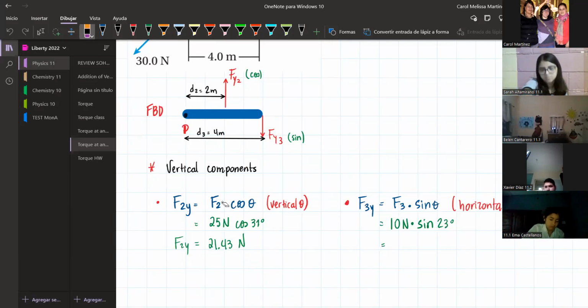How much is that? 3.91 Newton, rounded. So now we have the forces. Now we have the forces that are doing torque. Now, let's calculate the torques.